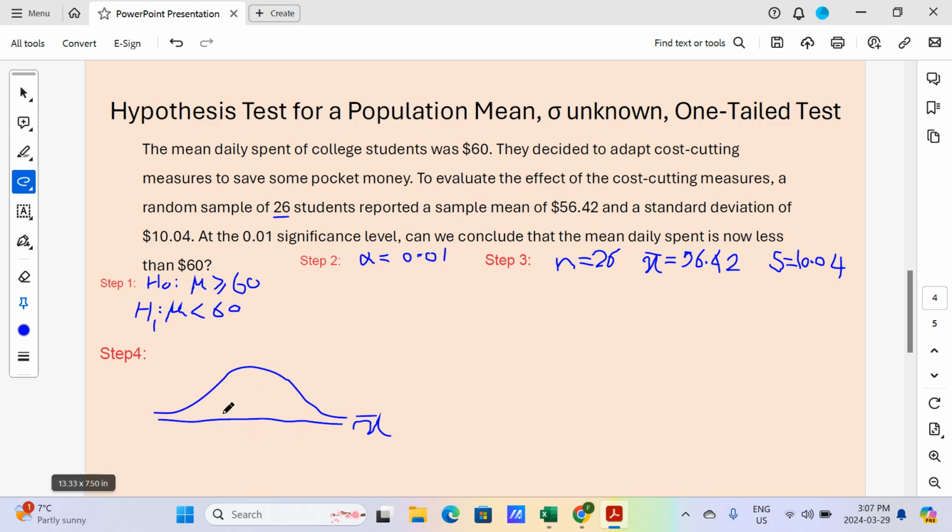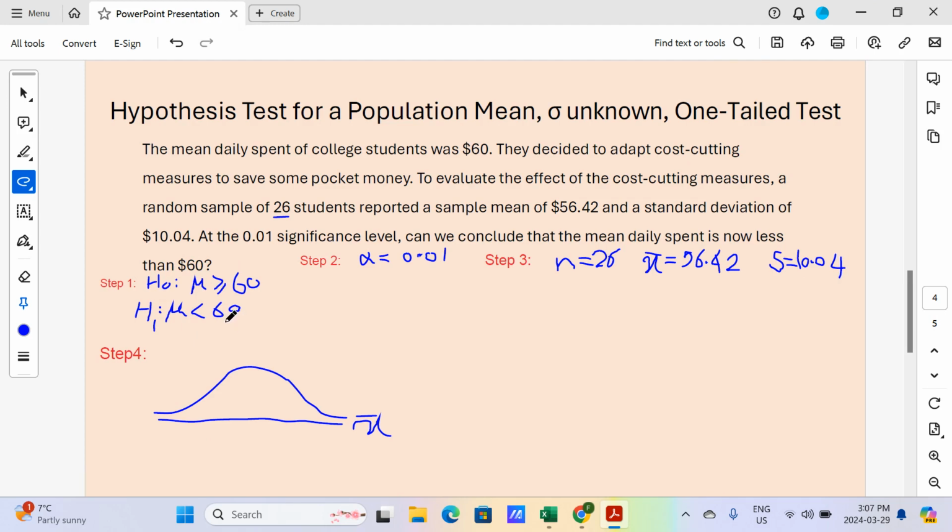I need to identify the rejection region here, if it's on the right side or on the left side. Look at the H0 and H1. We don't have equal sign and not equal sign. We have more than or less than. So here we have a one-tail test.